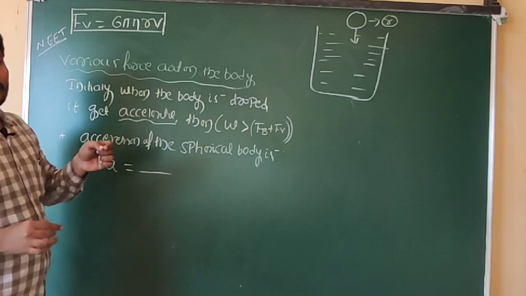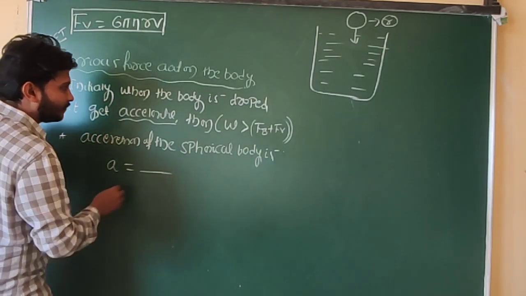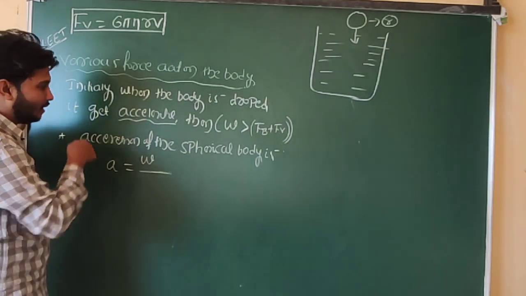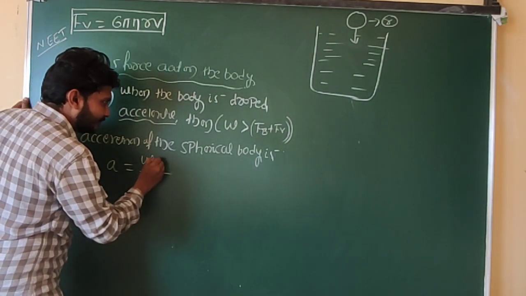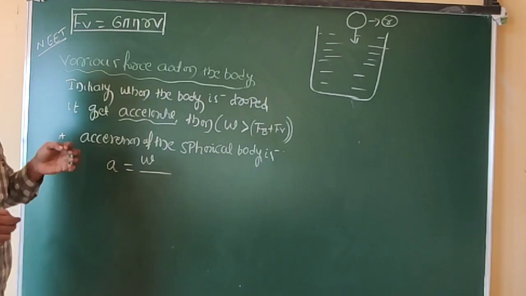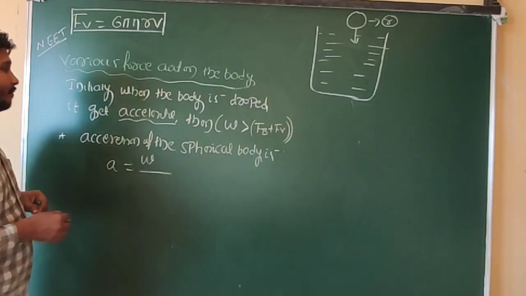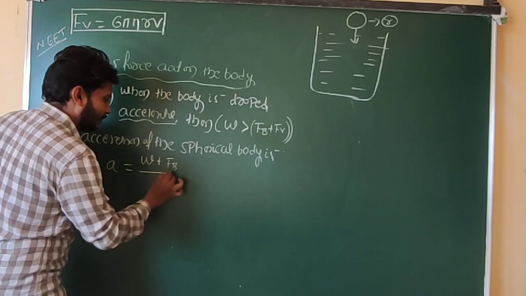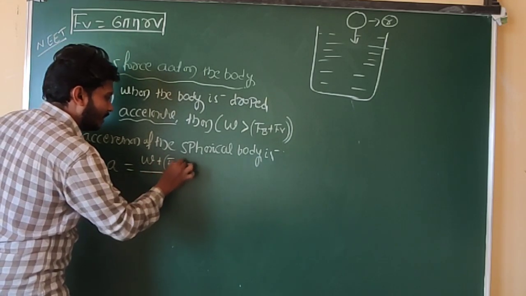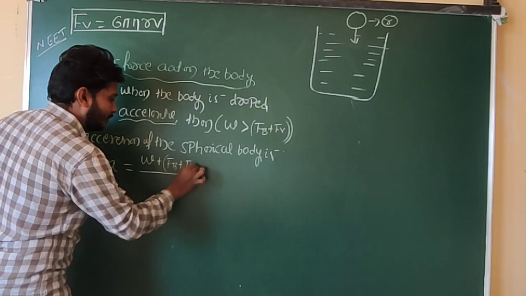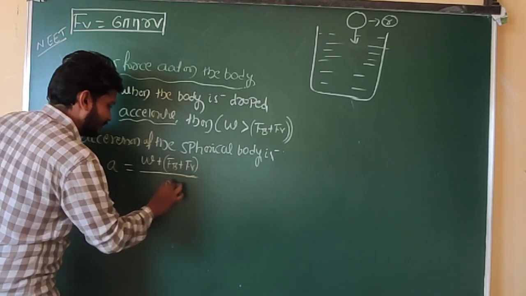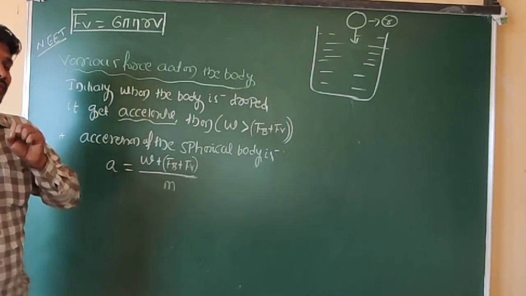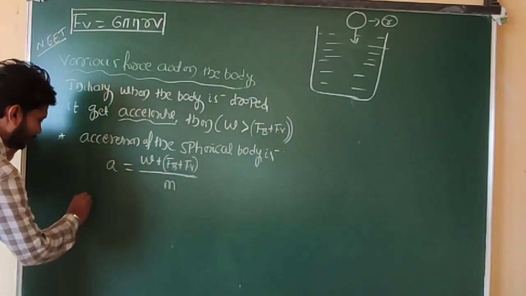Acceleration a is equal to force on the body divided by mass, F by m. The force is the weight W, which is greater than the buoyant force F_B plus the viscous force F_V.